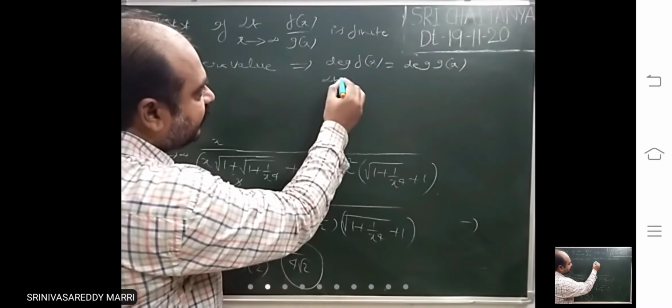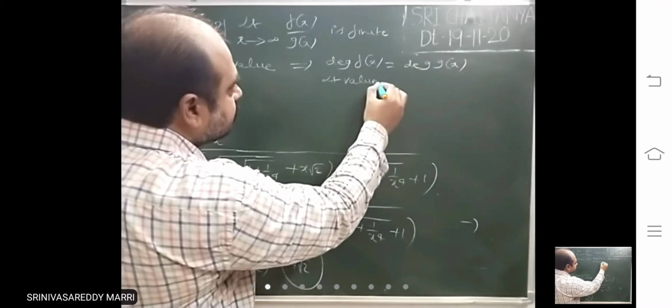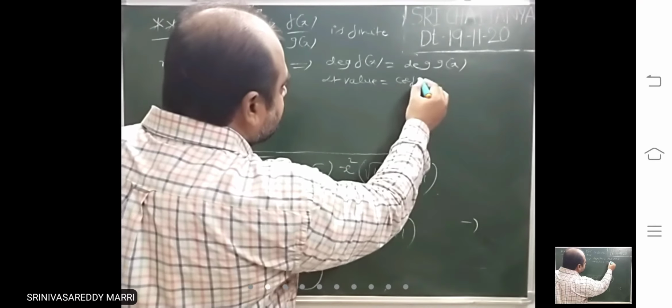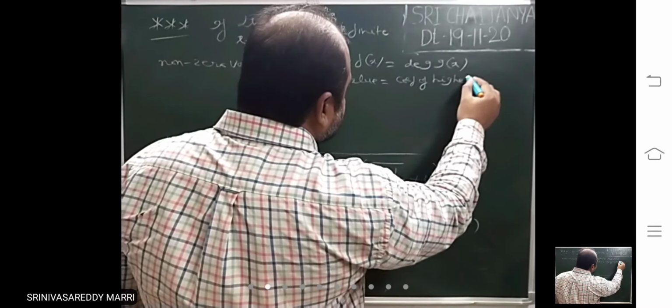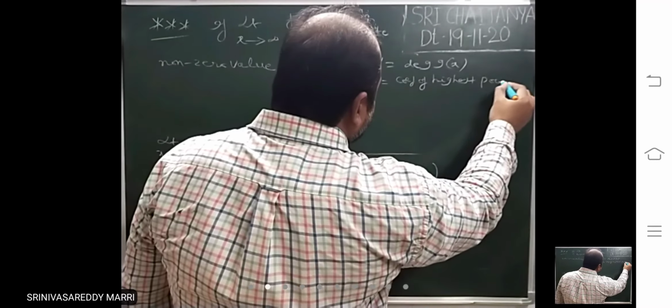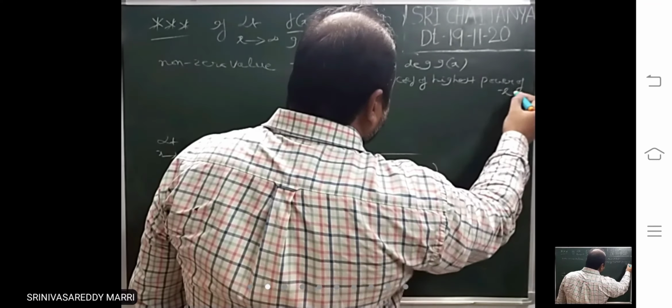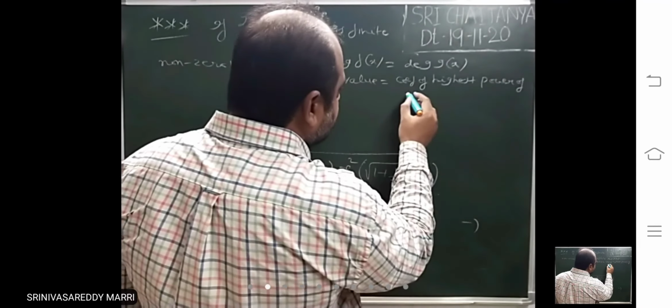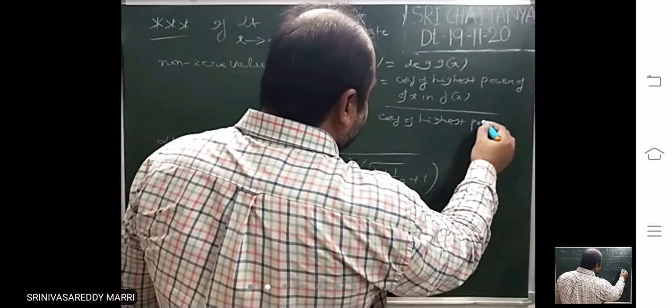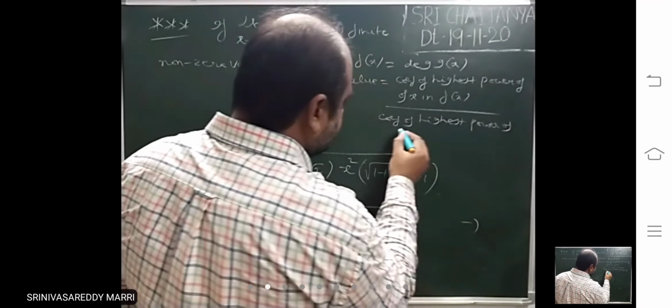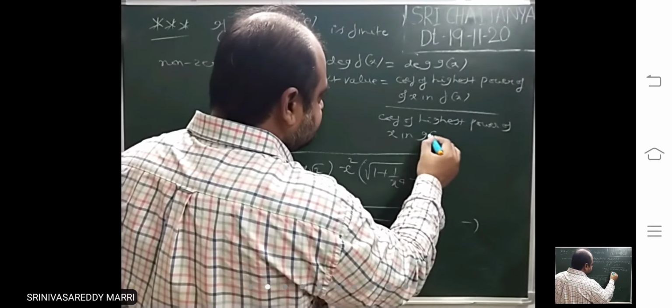And what will you get as the limit value? I have told you: the coefficient of the highest power of x in f of x divided by the coefficient of the highest power of x in g of x.